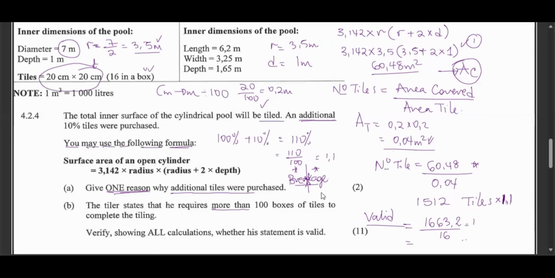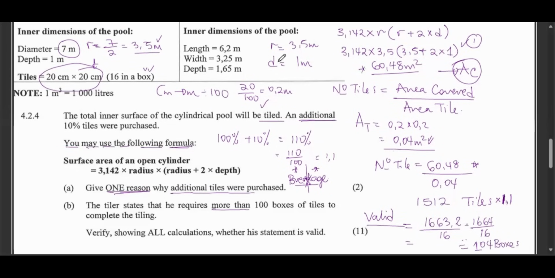So it was supposed to be 1,604 divided by 16. We have the final answer as 104. These are the number of boxes. Indeed, the answer is still valid. We had made a mistake around here, in the substitution, but it's fine.